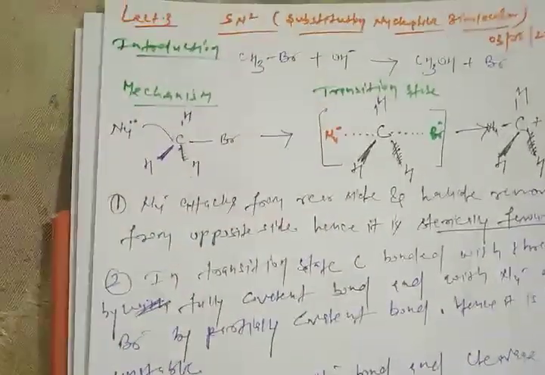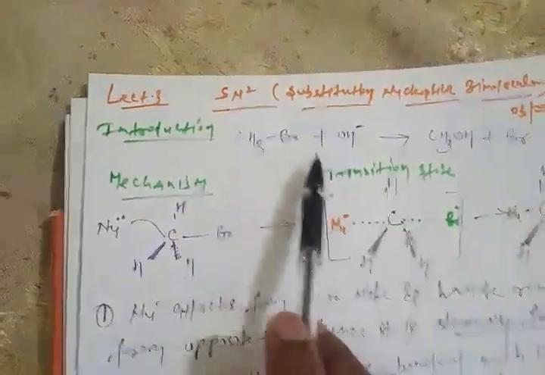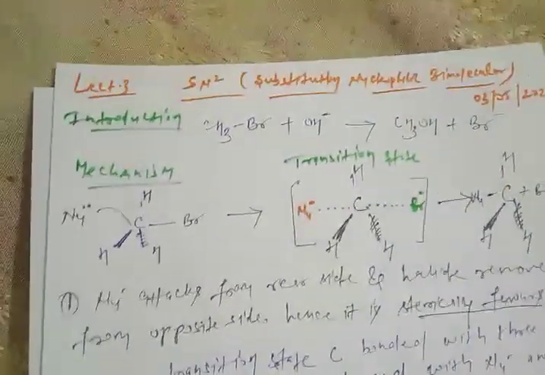We have this reaction. So we have a nucleophile and this is the reactant. Okay, so nucleophile is nothing but OH negative, and this is the reactant. So rate is equal to what?